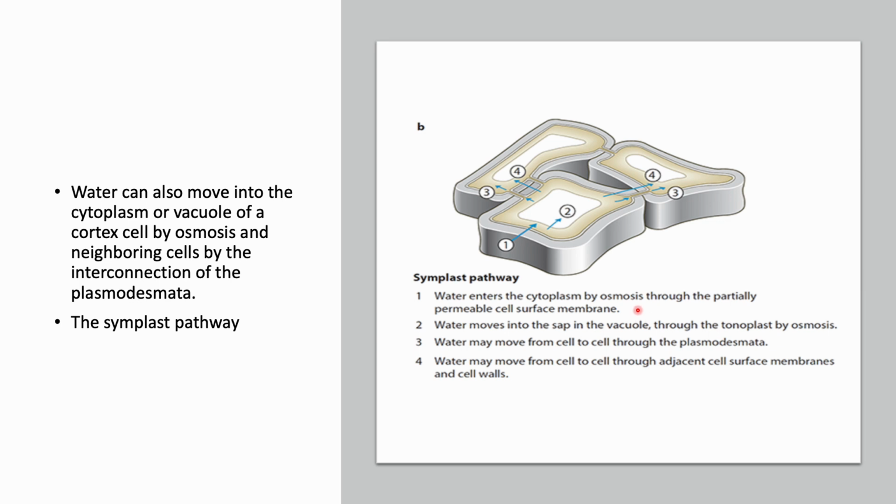Water then moves into the sap of the vacuole through the tonoplast by osmosis. Water will then move from cell to cell through the plasmodesmata. And then water can move from cell to cell through adjacent cell surface membranes and cell walls.